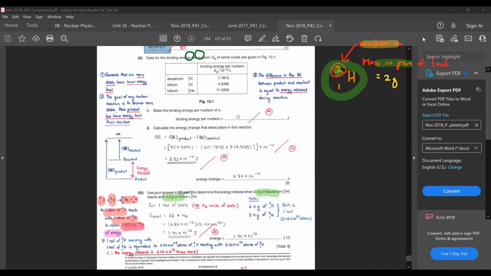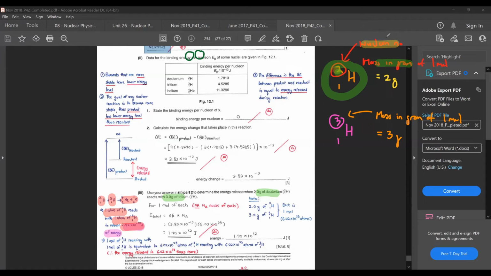I can also say the same thing for tritium. My tritium is 3,1 here, so the mass in grams of 1 mole of tritium is 3 grams too.